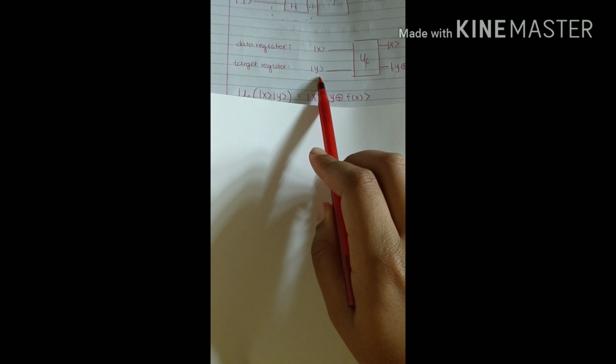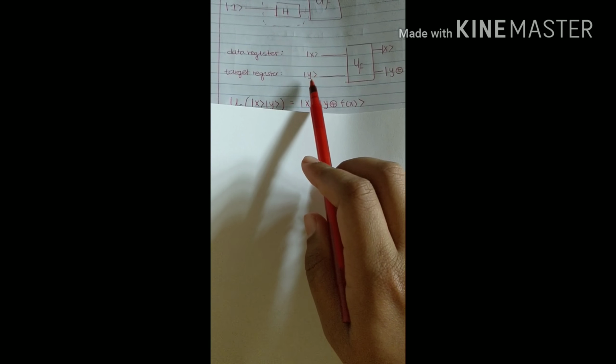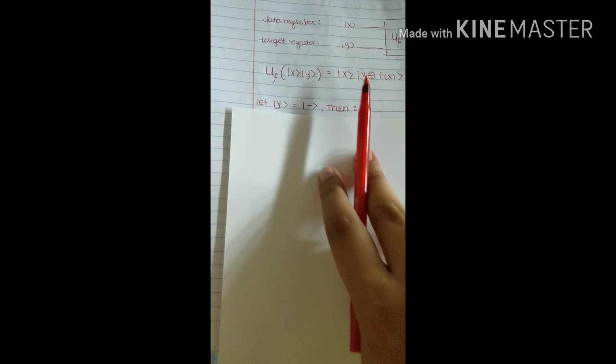And remember earlier we said that for the phase kickback trick, instead of passing y, we're going to pass the minus state. So let's see what happens when we do that.